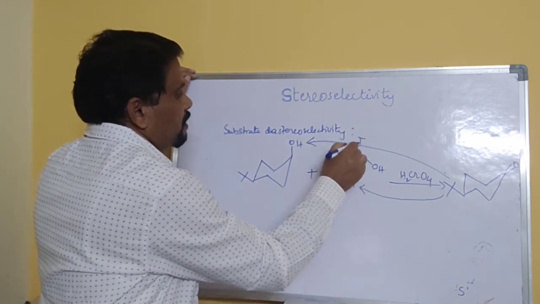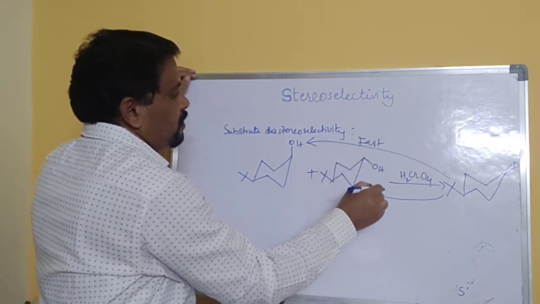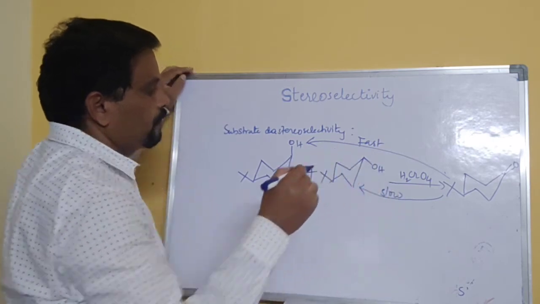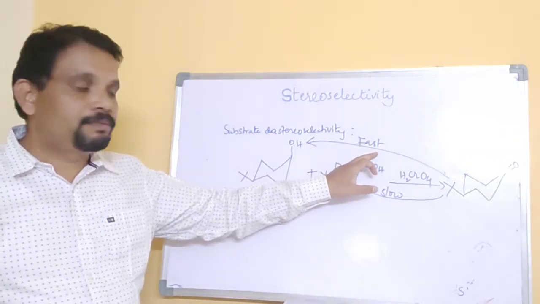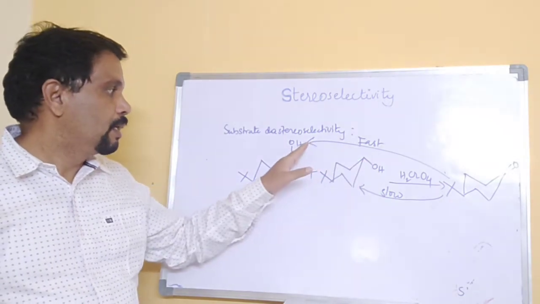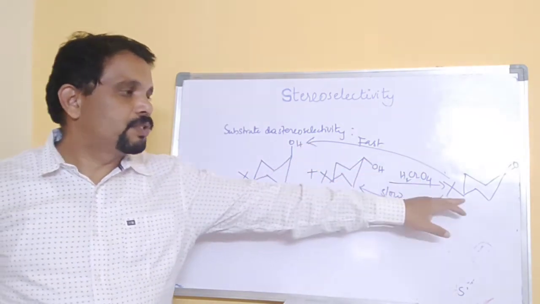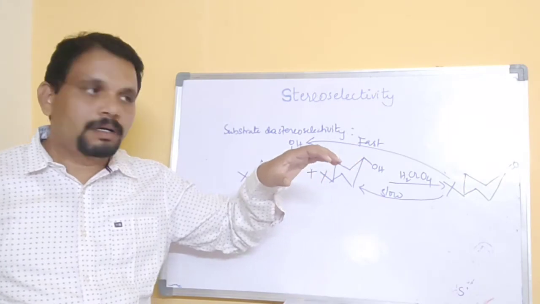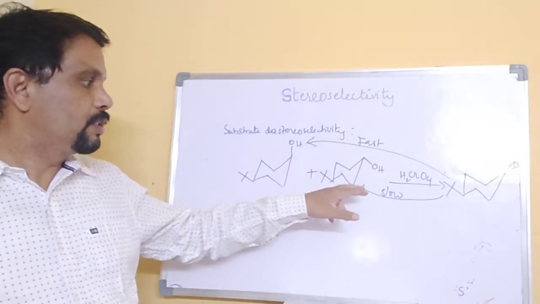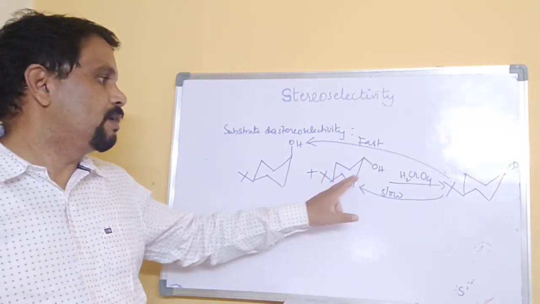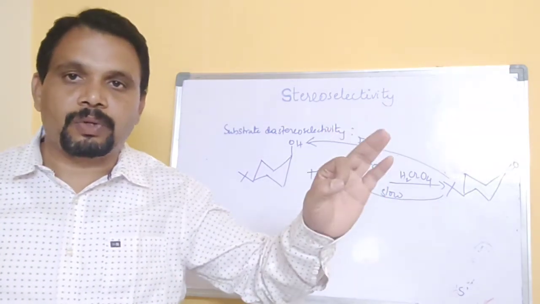This is a fast reaction, this is a slow reaction, in terms of the rate of the reaction. That means this becomes the product fast, and this one converts into the product very slowly.